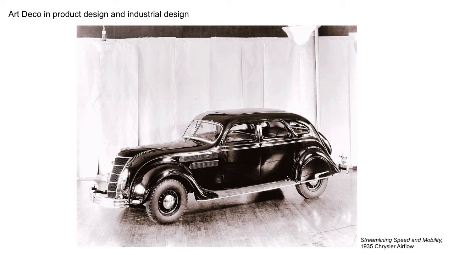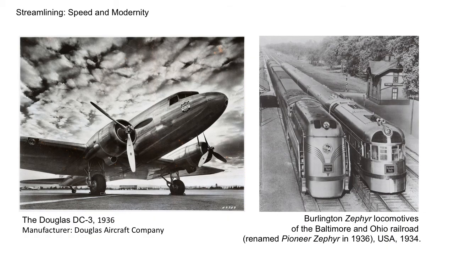Those repeating lines in that radiator and that grille in the front. Now this aesthetic really moves from Art Deco into streamlining, and we don't have time to go into it now, but if you're interested in any of this further, this idea of race and ornament and Art Deco, definitely look for Christina Cogdell's book.